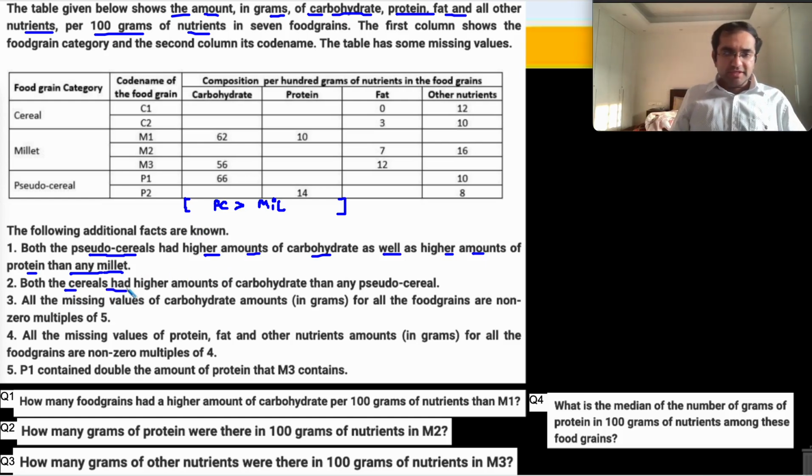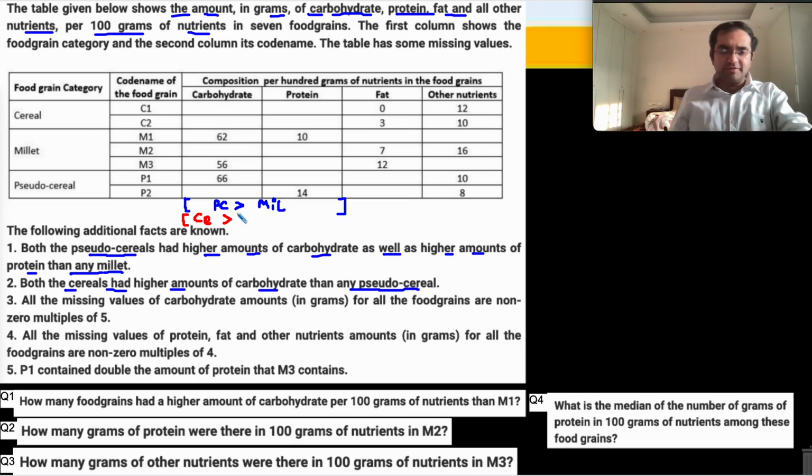And both cereals had higher amounts of carbohydrates than any pseudo cereal. So now we are talking about carbohydrate: for the case of carbohydrates, cereal is more than pseudo cereal. So cereal is more than pseudo cereal and pseudo cereal happens to be more than millet.